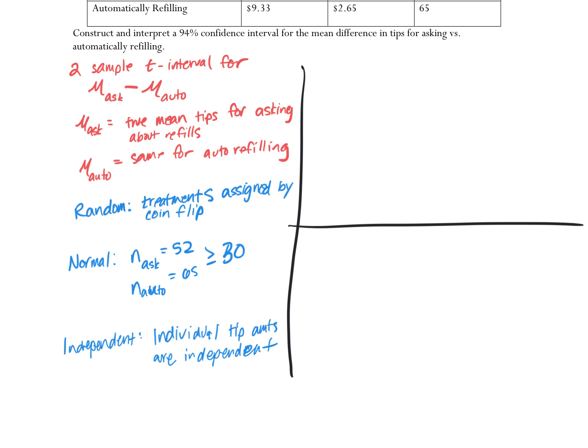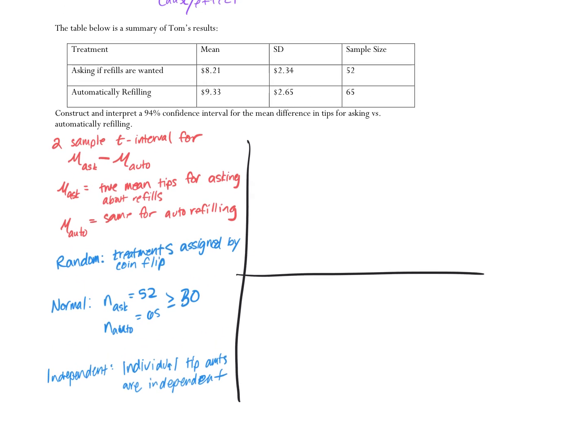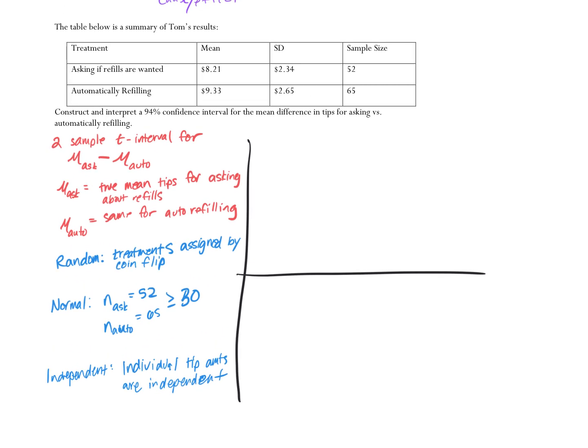Everybody good? All right, from here, have we done all of our calculations so far? I could make you do it by hand, but I never make you do it by hand, right? Start thinking through what this looks like by hand. Okay. Does anybody see anything that might be helpful? If I go to stat or over to tests, you guys look at, I think it's option 0. 2 sample t interval, right?